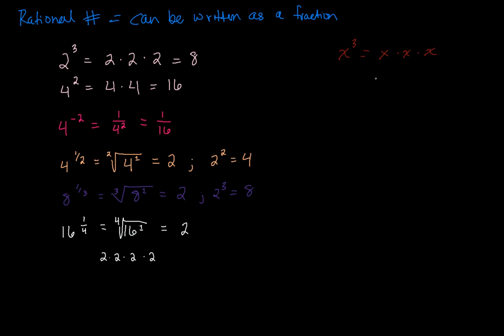You could also have x squared, which is x times x. You could have x to the negative 2, which is the same thing as 1 over x squared, which is also 1 over x times x. We can break it apart like that if we have to.